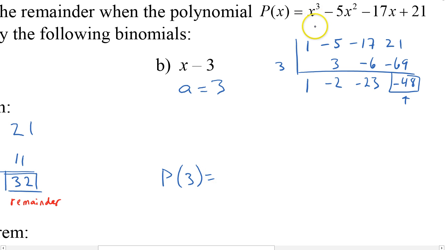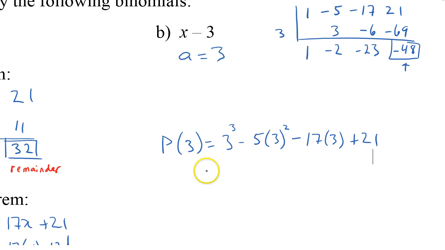Instead of x cubed, I have 3 cubed minus 5 times 3 squared minus 17 times 3 plus 21. 3 cubed is 27, minus 5 times 9, which is 45, minus 17 times 3, which is 51, plus 21.